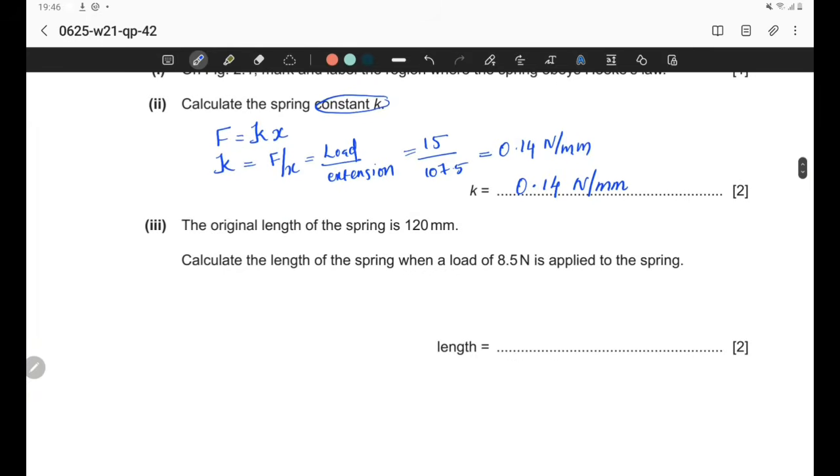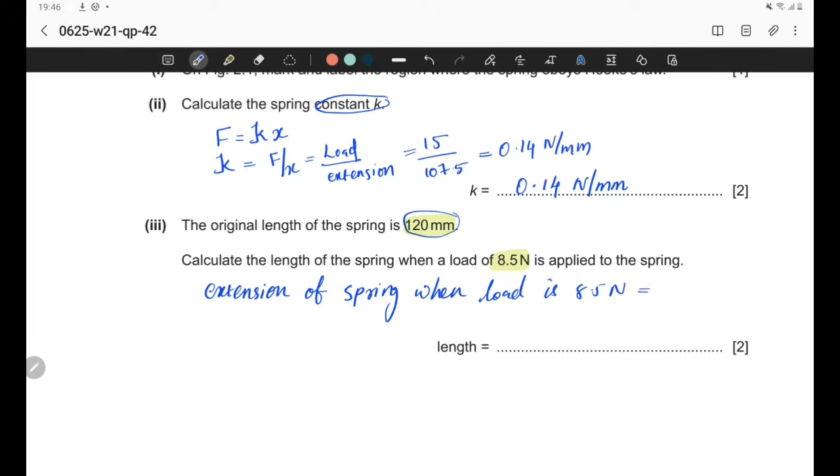Part 3. The original length of the spring is 120 millimeter. Calculate the length of the spring when the load of 8.5 Newton is applied to the spring. So we can find what is the extension of the spring when the load is 8.5 Newton.